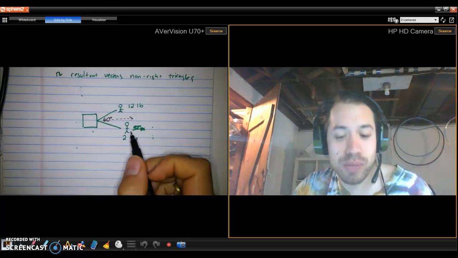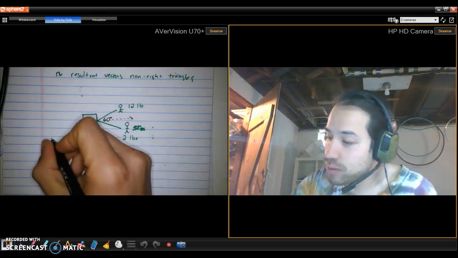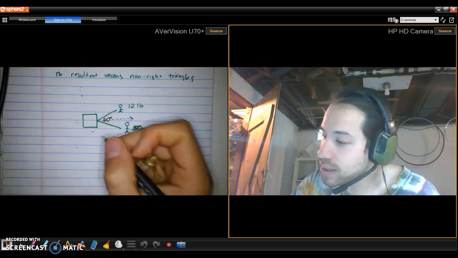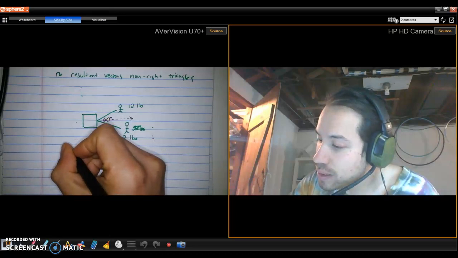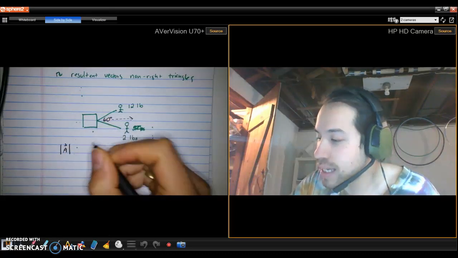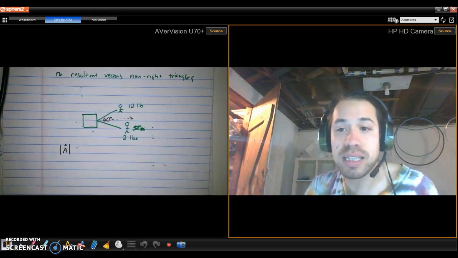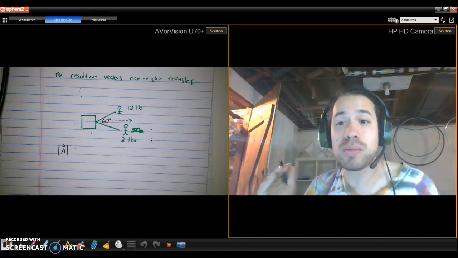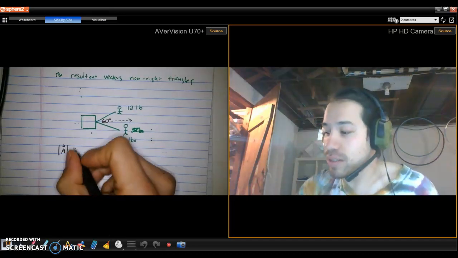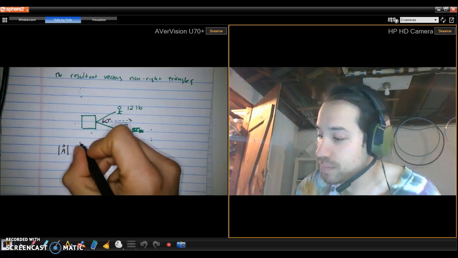The nice thing is if you're calculating the magnitude, I'm going to call this vector A. The magnitude of A is relatively simple, even if it is a non-right triangle. In fact, since it is a non-right triangle, we're going to be using the law of sines and law of cosines. Specifically for this example, we're going to be using the law of cosines.